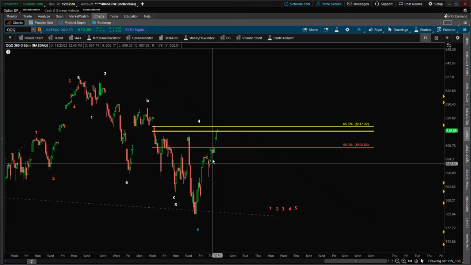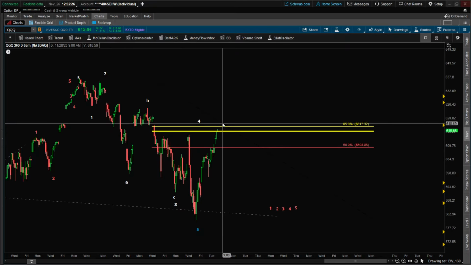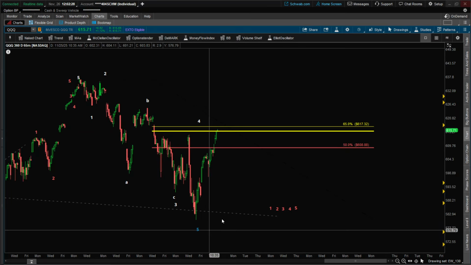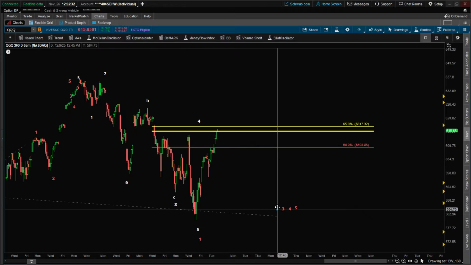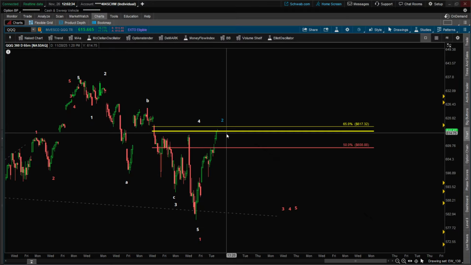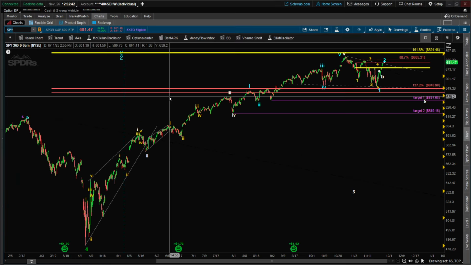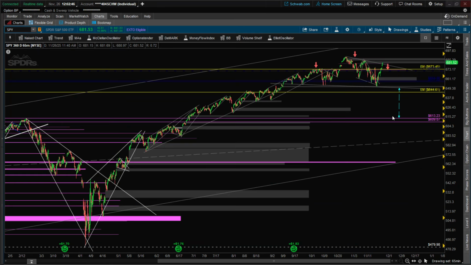And now you have your ABC for a wave 2, as I'll just use these for now. So you have your 1, 2 setup. Now, if you go any further, fine. That's okay. We're at the 20 moving average as well. And let's look at those indicators just to confirm what we're looking at.